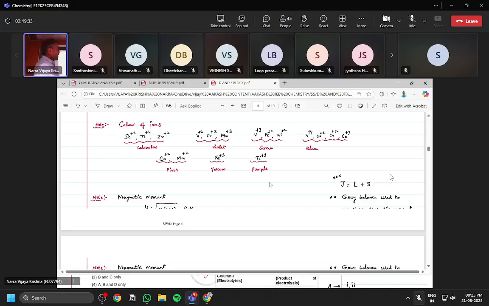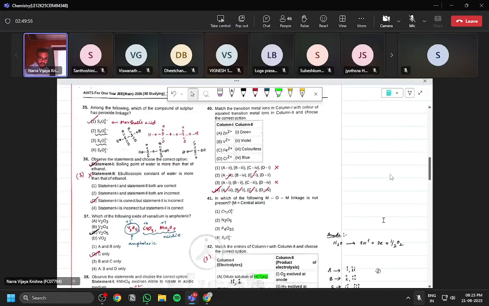Vanadium plus 2, chromium plus 3, manganese plus 3 are violet. Cobalt plus 2 is pink. Cobalt plus 3 is blue. Done? So answer is option 4, correct now?